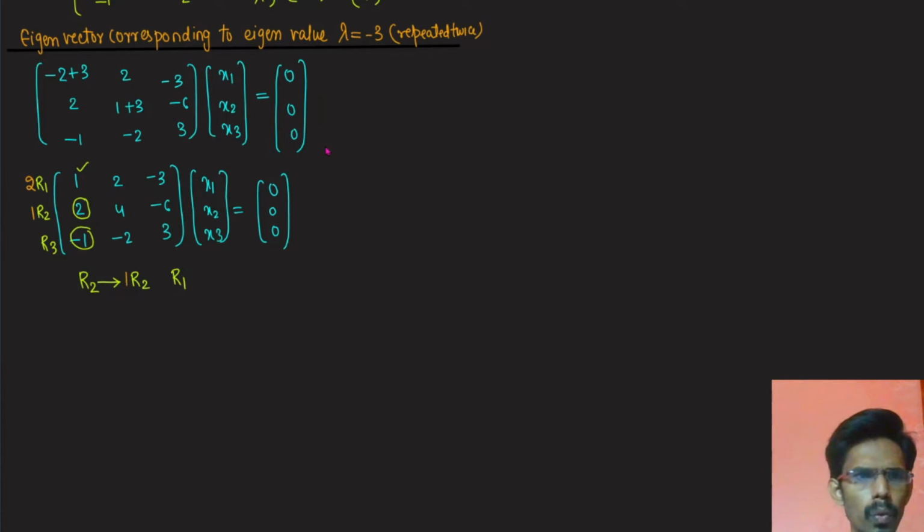So 1R2 minus 2R1, and see here we have 1 and 2. These two elements have the same sign, so for same sign we put minus. One more thing, the third row, I'm changing the third row using the first row, right? Now when we see first row and third row, the only difference is minus plus. So if I add these two, then I'll get 0. So these are the operations that I'm going to perform now.